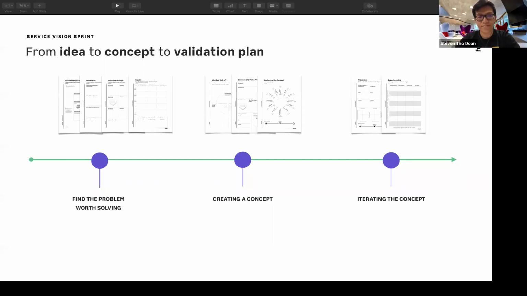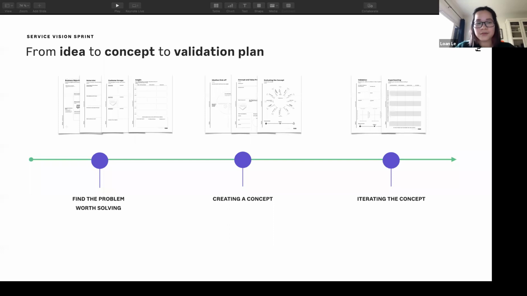Time-wise, this workshop is usually a minimum of 2 hours, very minimum, because if you do it for the first time, you need to introduce people to the method, get them to understand what I did today, and then introduce them to the canvas, and let them have time to work on it.